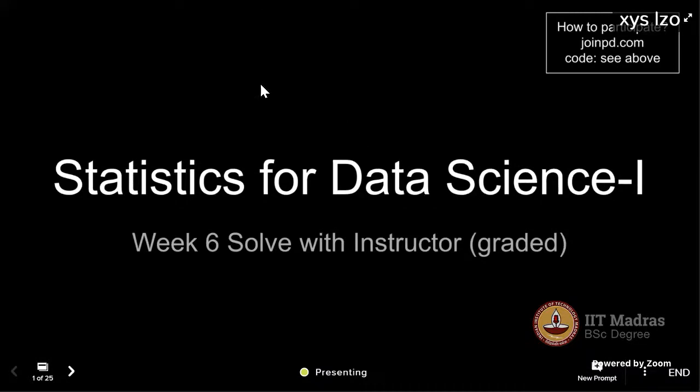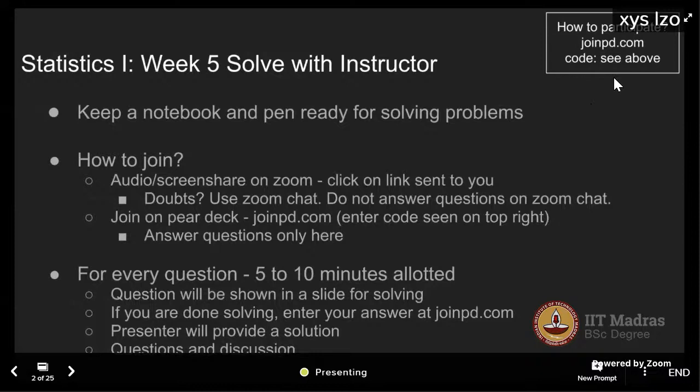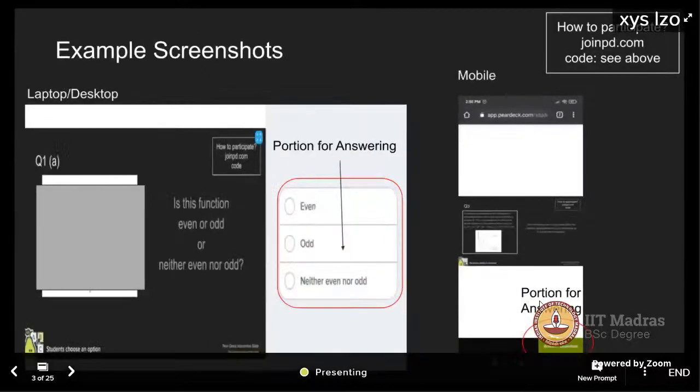Once you join that, you will be seeing questions on your screen. There will be an option on the right bottom of your screen to answer the question if you are on your mobile phone, and if you are on your laptop or desktop, the answer portion will be shown just on the side screen of the question.